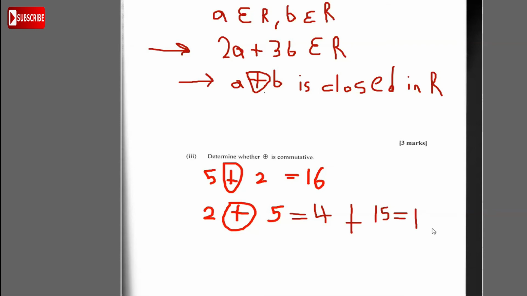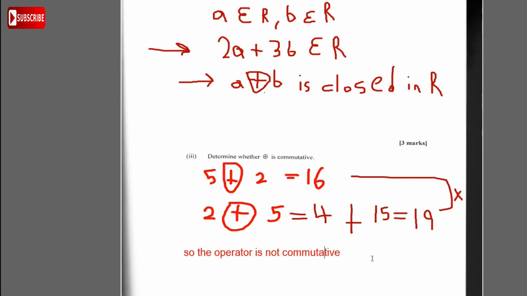And so circle plus is not commutative. These two are not the same, so they're not commutative. All right. So the operator is not commutative.